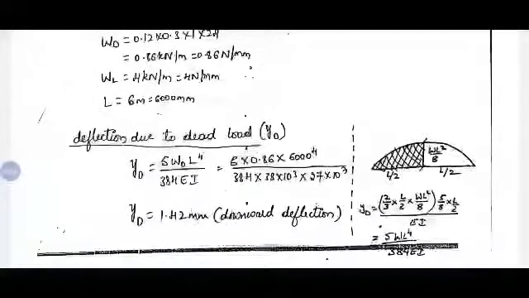So if we consider directly the formula 5 WD L power 4 by 384 EI, on substituting we will get 1.42 mm as the deflection due to dead load, and it is downward deflection.